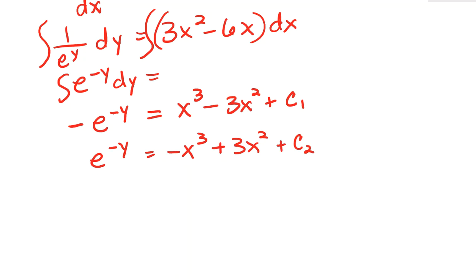Sooner or later we have to find out what our constant is, so you could keep doing some more work. We want to solve this for y, so we're going to take the log of both sides. So you might say, well, before I take the log of both sides, this might be a good time to substitute to find out what C is equal to. You can either do that now or you can do that later. So we're going to have 0, the opposite of 0, in there for y, and we're going to have a 1 in here, so we'll have a negative 1 plus a 3.